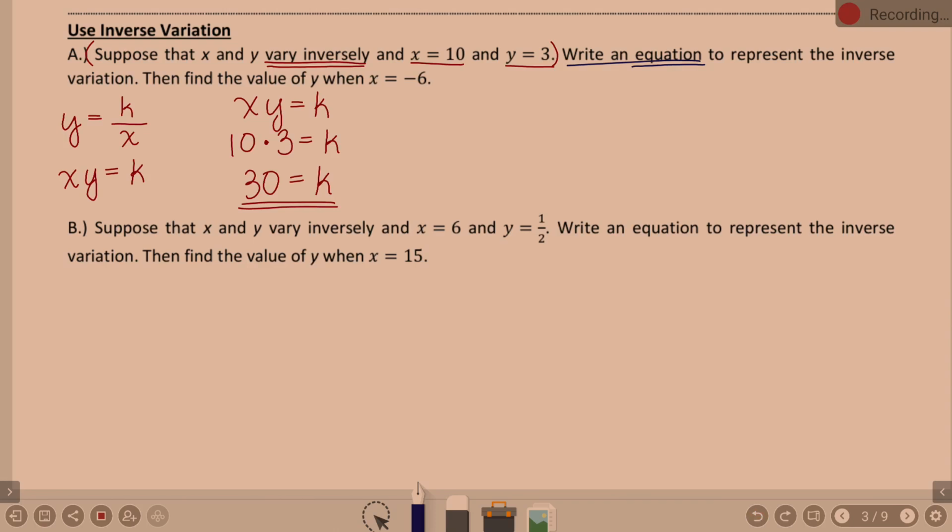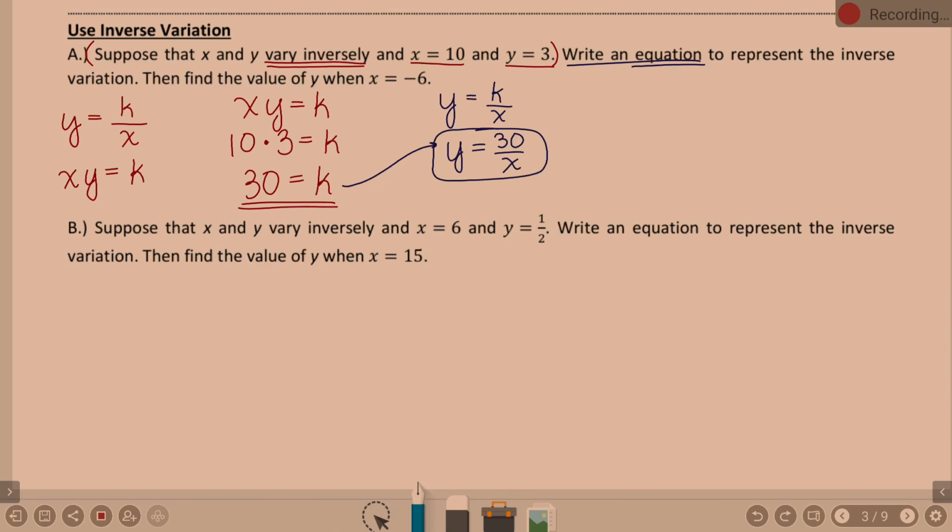So if we have y equals k over x, but what did we just find? K is 30. So I can write this as y equals 30 over x. So you use your x and y to find k. Yes? Okay. That takes care of sentence 2.